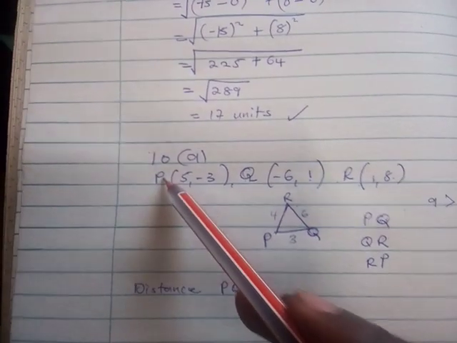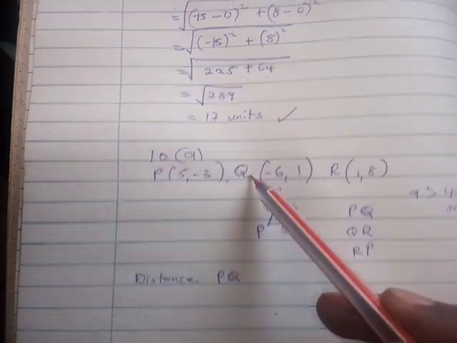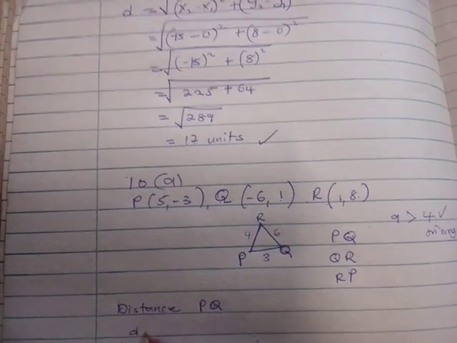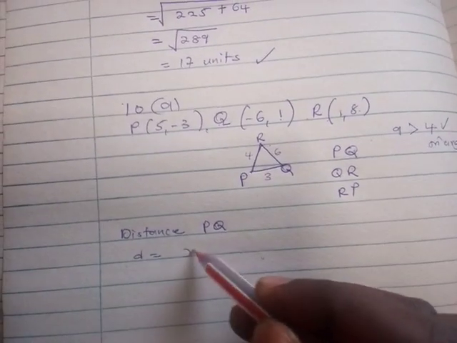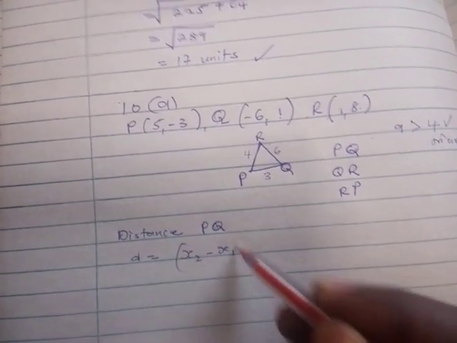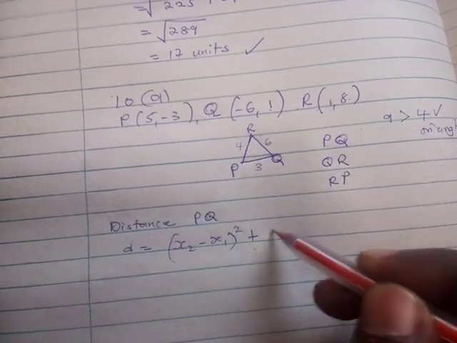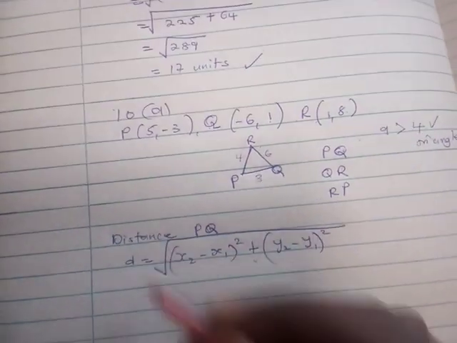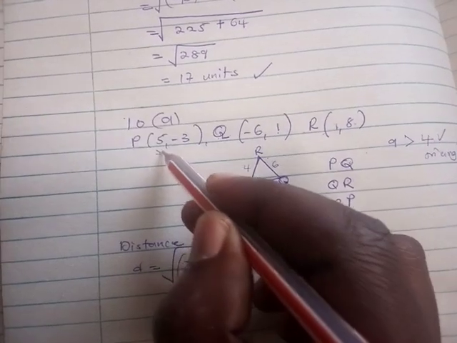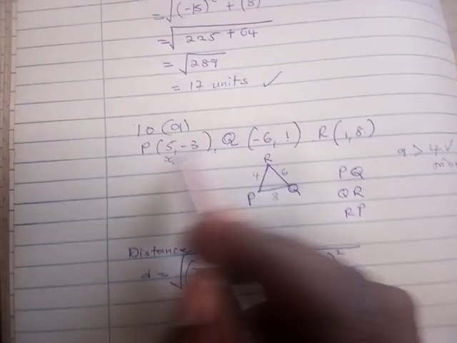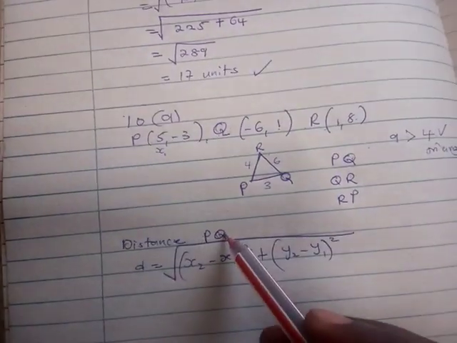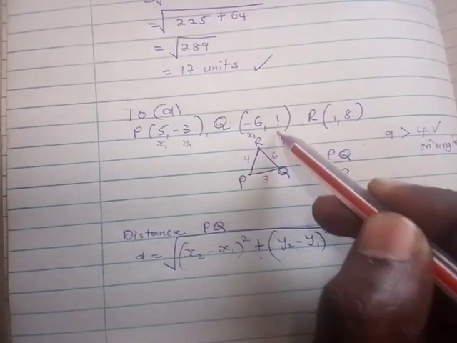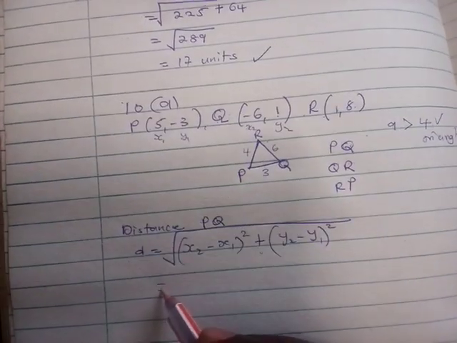Remember they have given us P and Q. Using the formula we had, the formula for getting the distance was the square root of x2 minus x1 squared plus y2 minus y1 squared. We want PQ, the distance from P to Q, so this one will be x1, y1, x2, y2. So I come and feed in here.